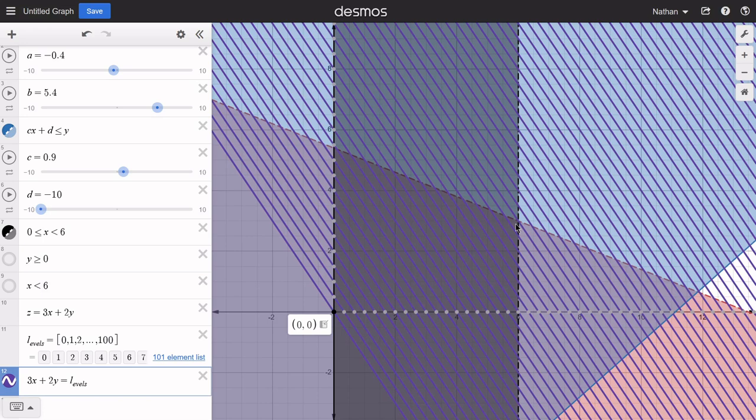There's a theorem in mathematics that says every solution for this kind of problem will be on one of the vertices of the feasible region. So it's going to be this one here, somewhere around there, this 0, 0 point, and this one right here. So it's going to be those four that are the key ones to look at. And of course, in this case, this is the one we're looking at.